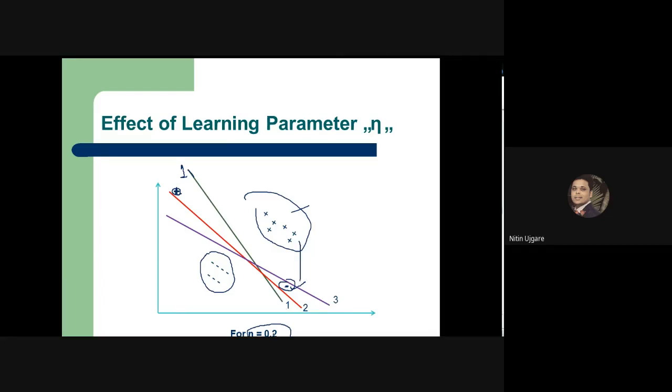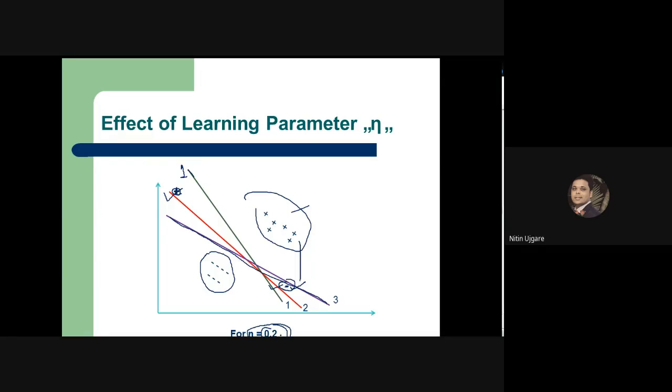Then again we'll update the weight vector, keeping the value of our eta, that is the learning parameter, at 0.2, and then we get the third decision boundary. This is indicated with the purple color, and now this decision boundary will correctly classify this instance as well as this instance. Well, now for this lower value of eta, we can have three different classifiers.